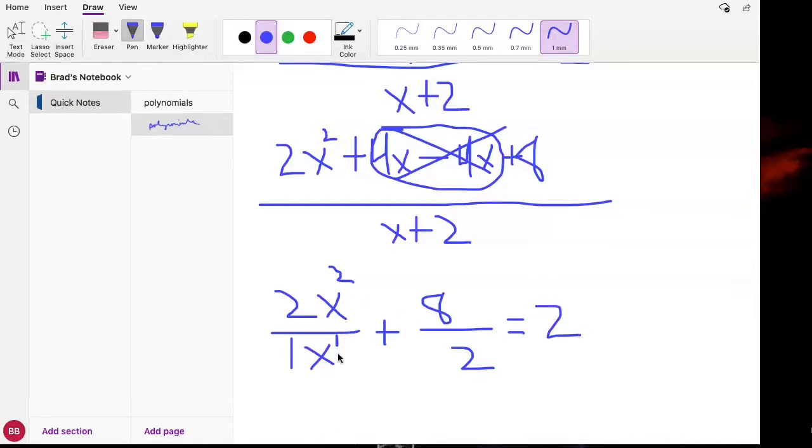X squared divided by x to the first: remember when we're dividing exponents, we just subtract those exponents. So 2 minus 1 is 1, so we just have 2x, or you could say 2x to the first, but we're just going to say 2x, and 8 divided by 2 is 4. 2x plus 4. All right, there's our answer. Hopefully this all made sense and helped us get really clear on how to deal with terms and expressions.